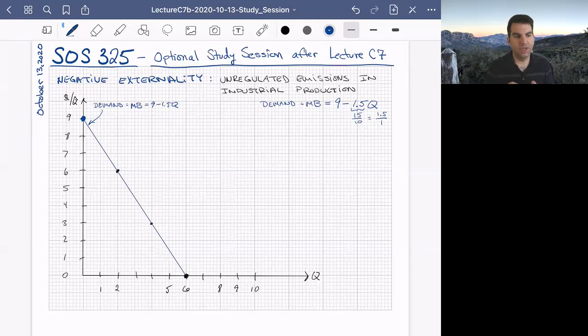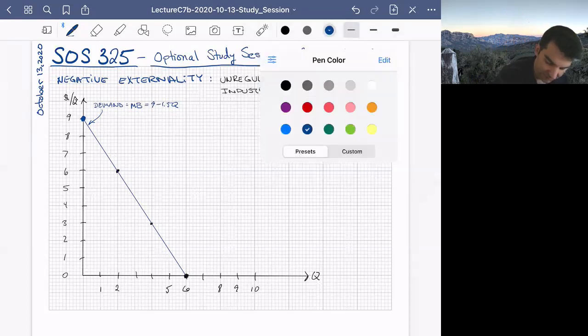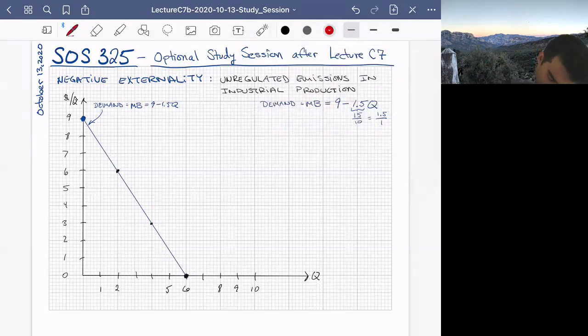Okay. So that's our demand curve, but what really makes this negative externality exciting is the supply curve and the marginal cost curves and how they all interact. For this particular industry, whatever it might be, we might have a private marginal cost curve.